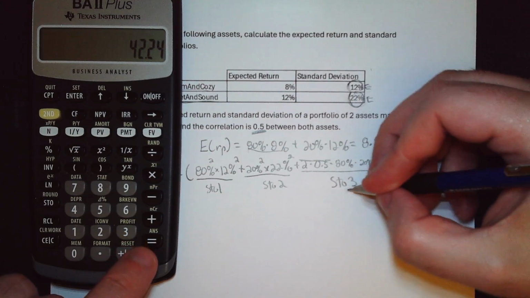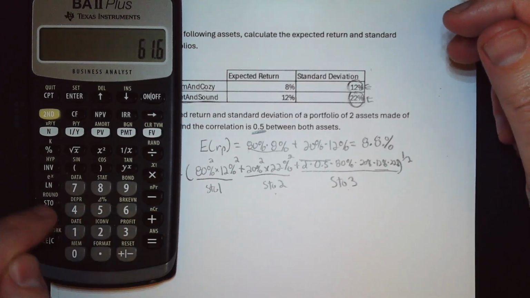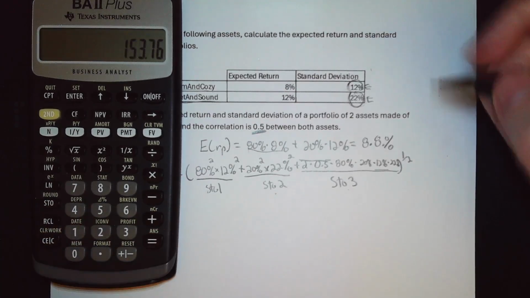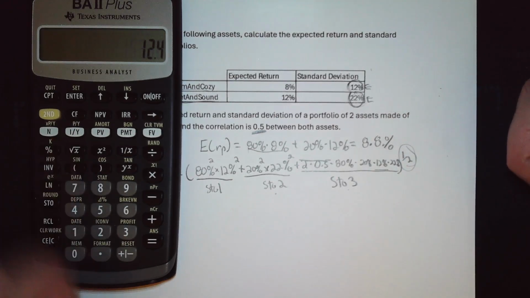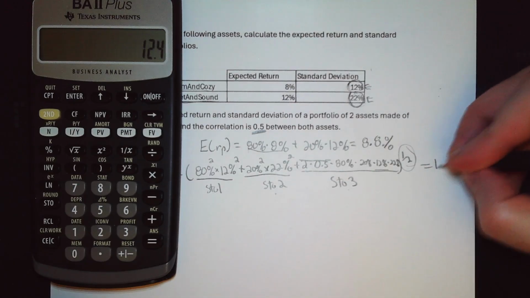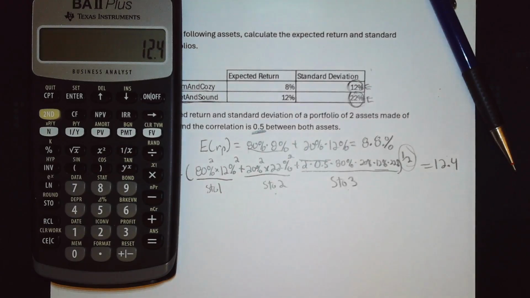Then I'm just going to add store 3, store 2, and store 1 together by using the recall function. And then I need to take the square root of all of that. So you can just hit square root here. And we would get a standard deviation of 12.4. Okay. And that would be the answer to this question here.